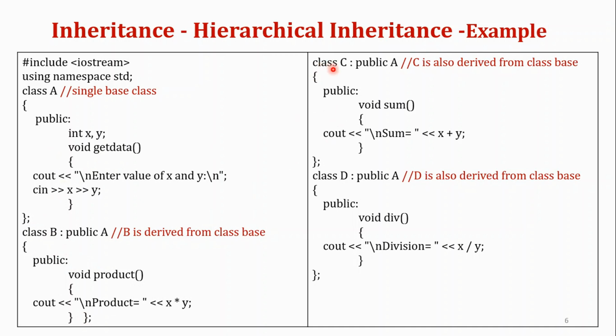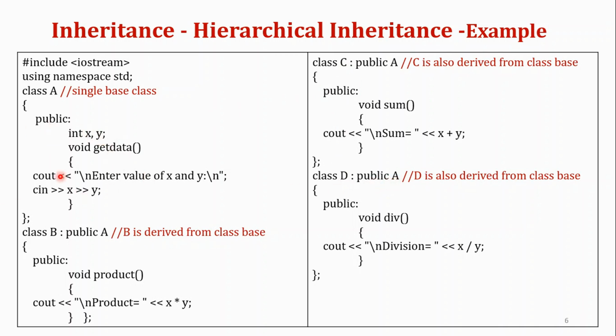Coming to the third class, class C. Class C is the second derived class, inheriting A in public mode. Then all the properties, x, y and getdata, are available in the public part of class C. Similarly, the third derived class, class D, inherits class A in public mode.